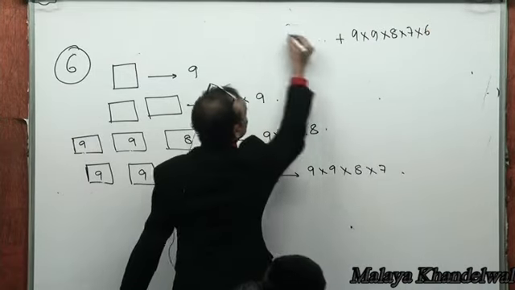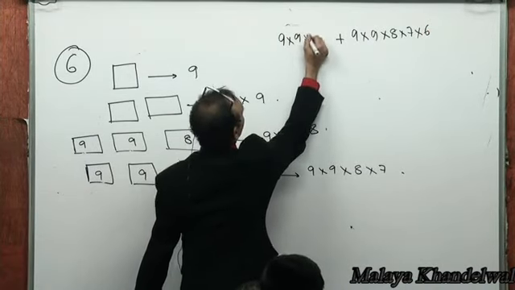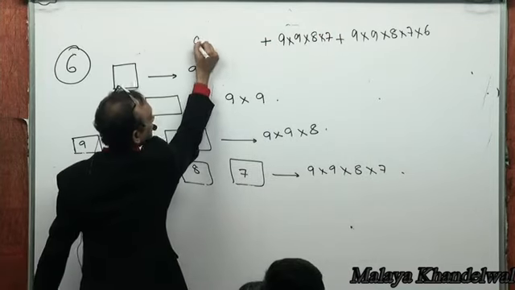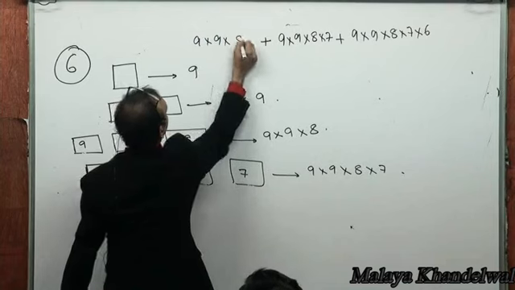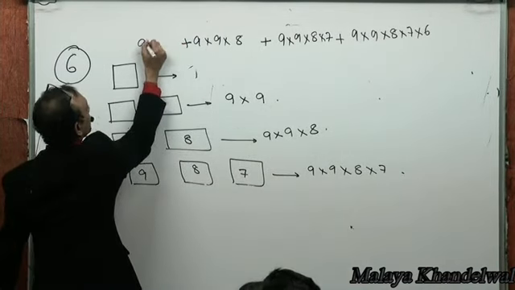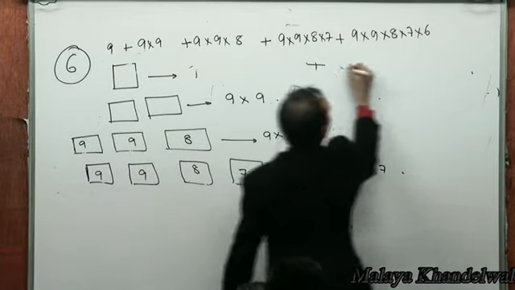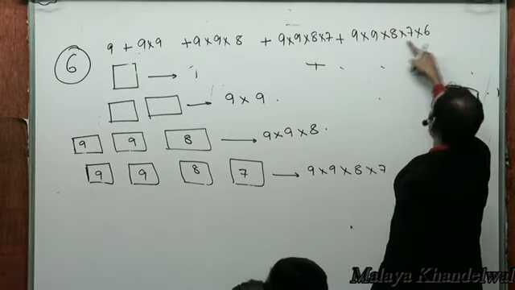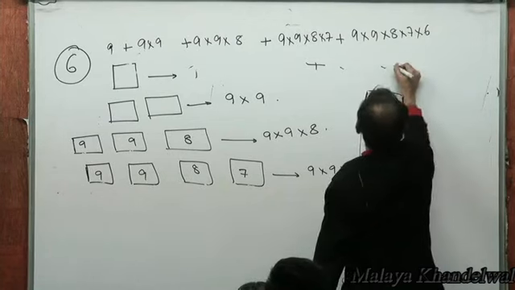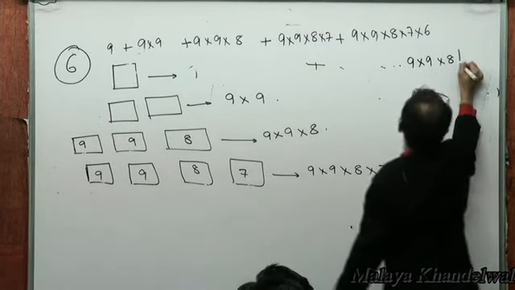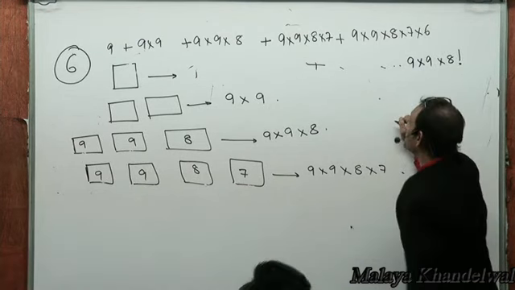Then this one was 9 into 9 into 8 into 7. And then there was 9 into 9 into 8. And then 9 into 9. And then 9. And you keep going this way. Eventually, the last one will become 8 factorial. So the last member of the series is going to be 9 into 9 into 8 factorial. That's the count, very clearly.